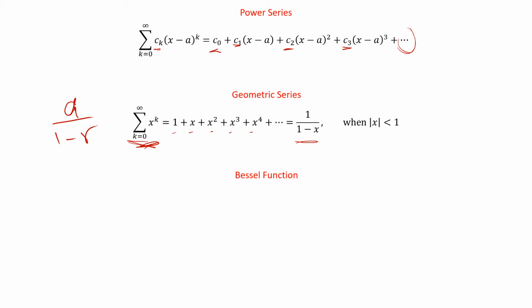Just an example of the Bessel function. Writing it as f of x equals something is not something that we're going to do. However, as a power series, it's not that unpleasant. But here we have our constant term and how that gets found.